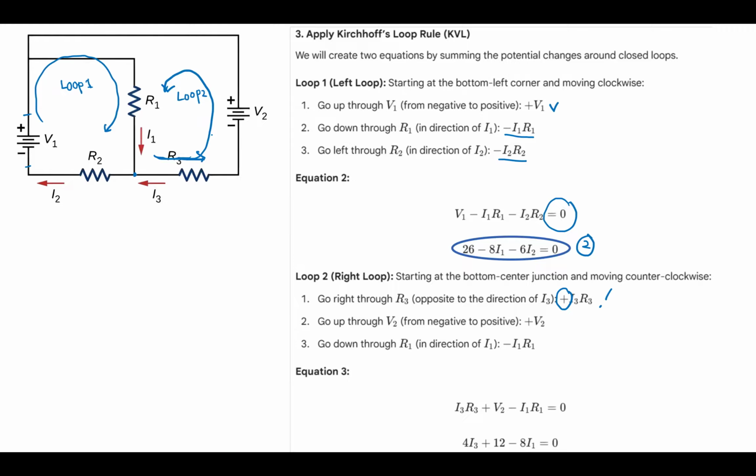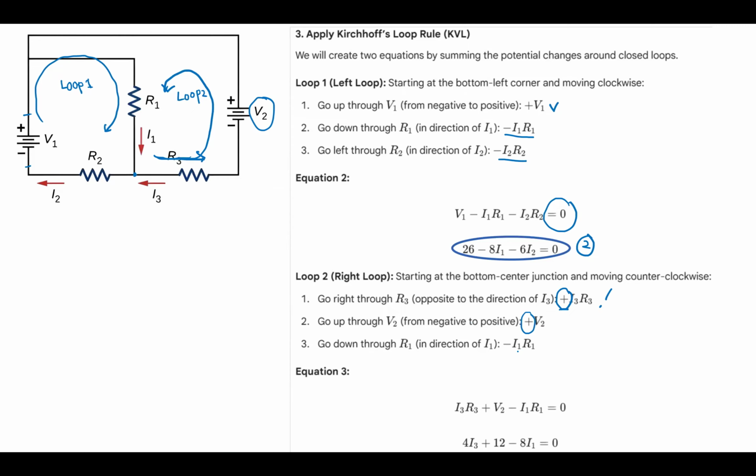But in this loop, our direction is opposite to the current, such that the voltage would be plus. And then we have a minus sign here. Minus plus, so that we have the voltage V2, this plus.